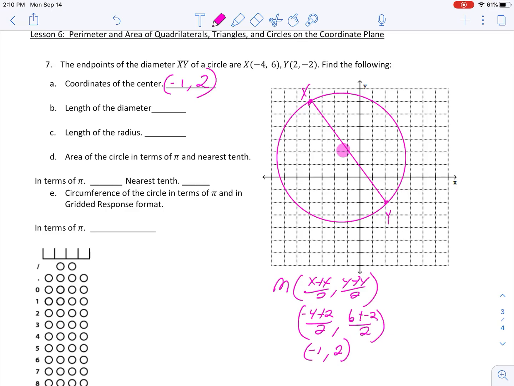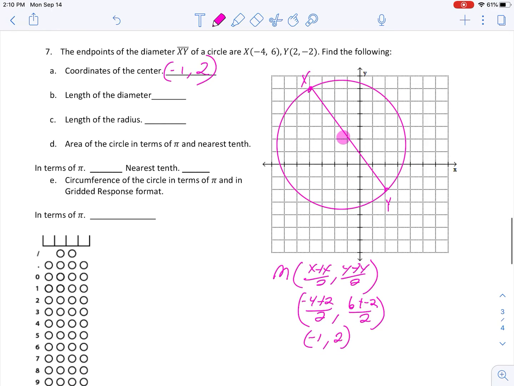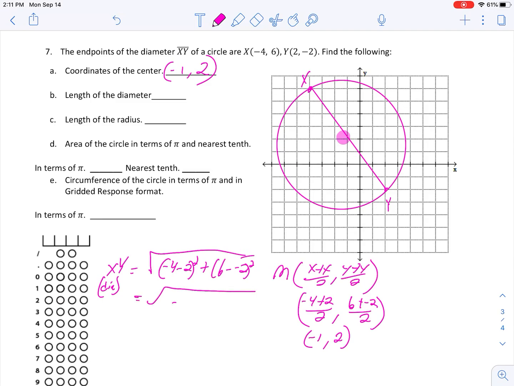Length of the diameter. Well, that's where I'm going to go ahead and use the distance formula or Pythagorean theorem. I haven't used the distance formula frequently, so I'm going to go ahead and do the distance formula. The length of XY, which is going to be my diameter, is the change in the x's squared, plus the change in the y's squared.